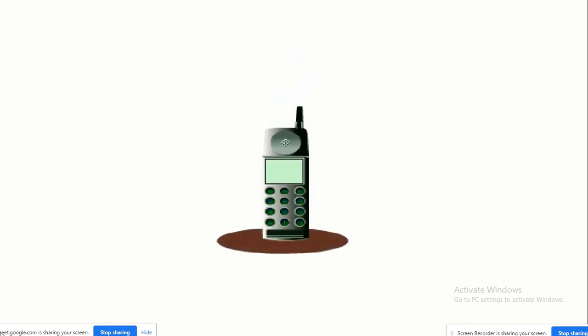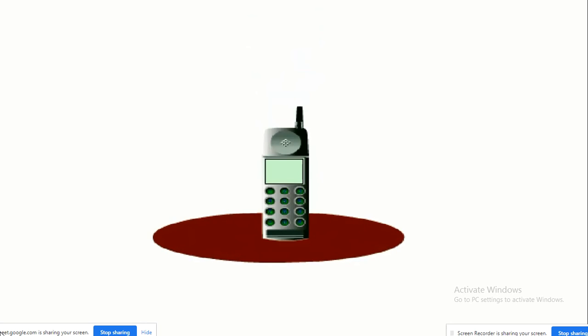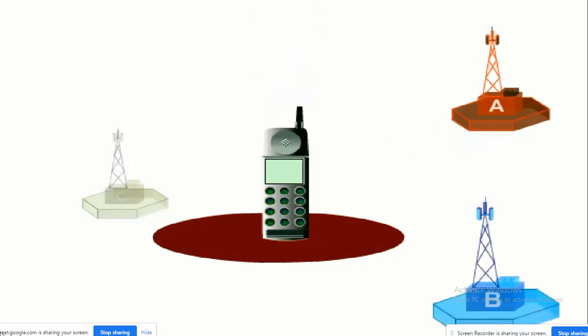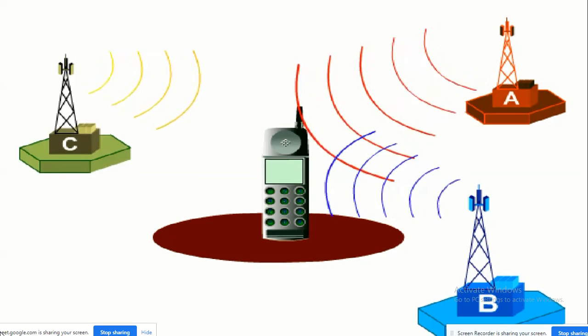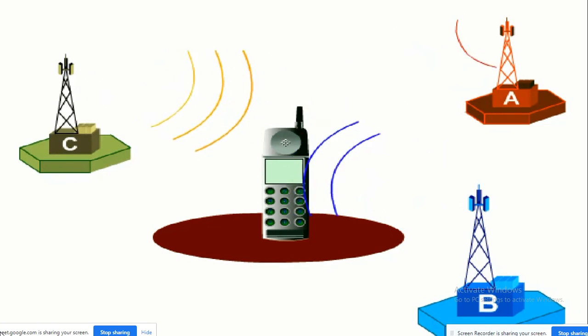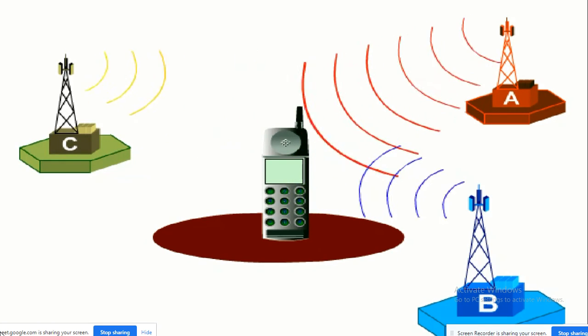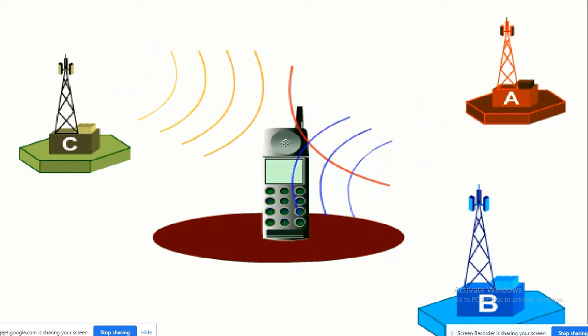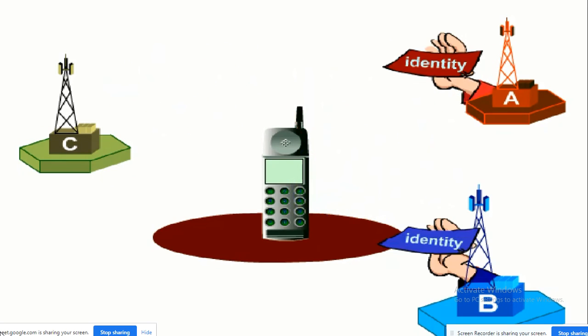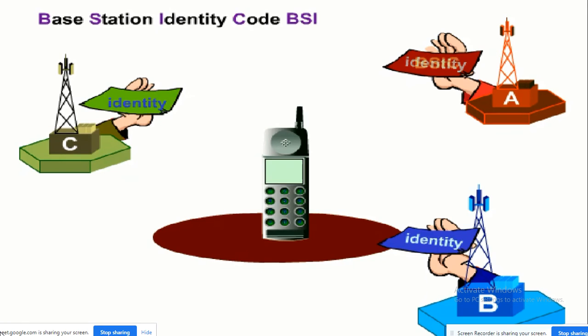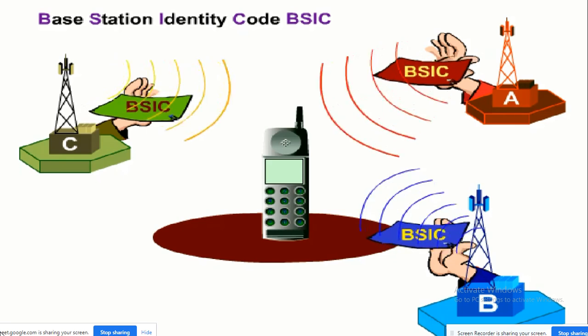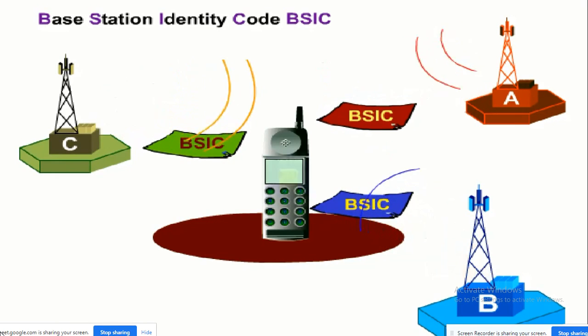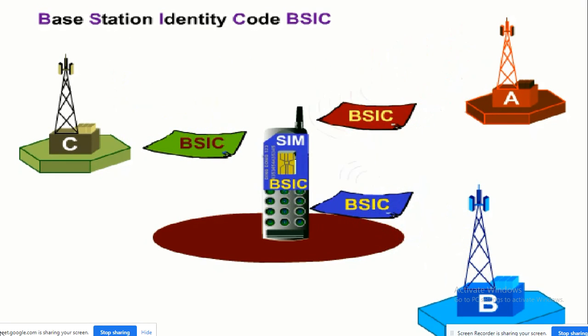If a mobile subscriber is at a certain location, his mobile phone usually receives frequencies from different network operators. In order for his mobile phone to synchronize to the frequency of its own network operator, each base station must be given an identifier. This identity is the Base Station Identity Code, BSIC. It's broadcast by every BTS and compared with the equivalent entry on the SIM card of the subscriber.